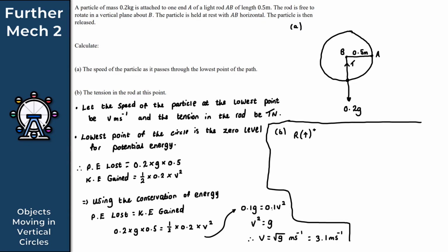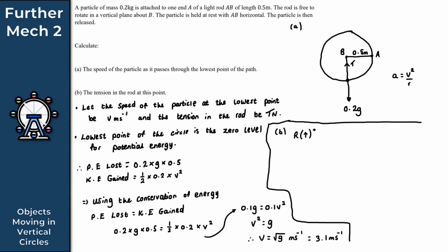So what do we have here then? So in this case here, we do need to account for vertical acceleration, right? The vertical acceleration here will be a is equal to v squared over r, okay? So what that means is we do need to use Newton's second law here.